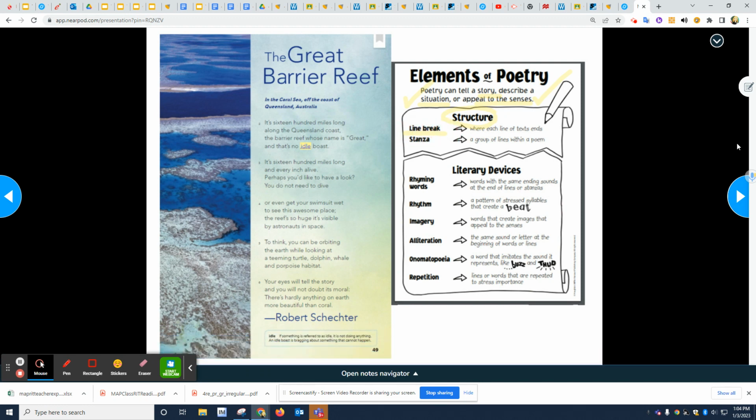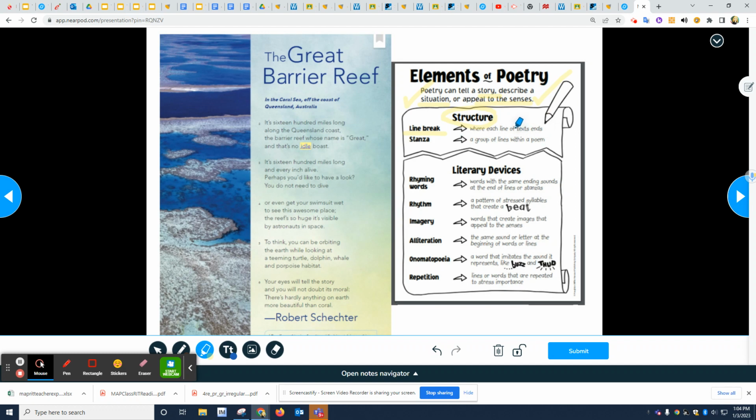Line break, where each line of the text ends. And we can see how many lines we have. And in fact, right now, I would like you to label those lines. Actually, I'm going to label the lines, and when you get to the poem yourself, that's what I would like you to do, is label the lines.